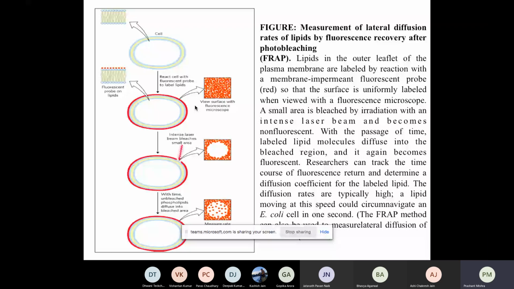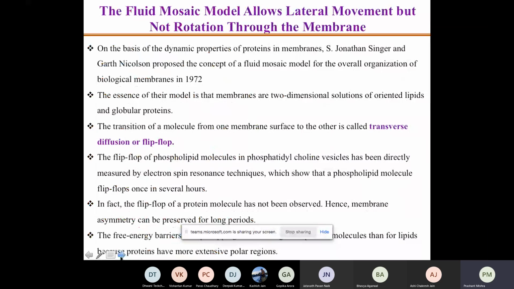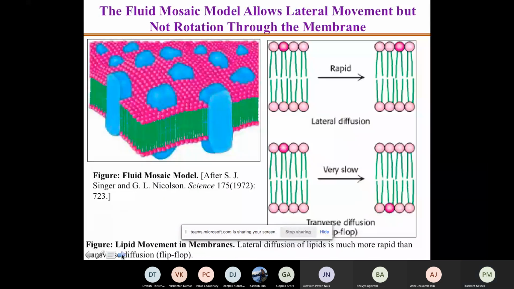Proteins are the ones which are working, they are the actors, and the lipids provide the environment where this action can happen. To answer this, of course, we have already discussed that the movement occurs laterally, not across the membrane.